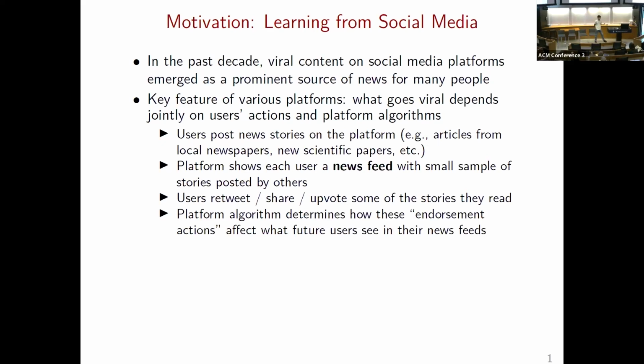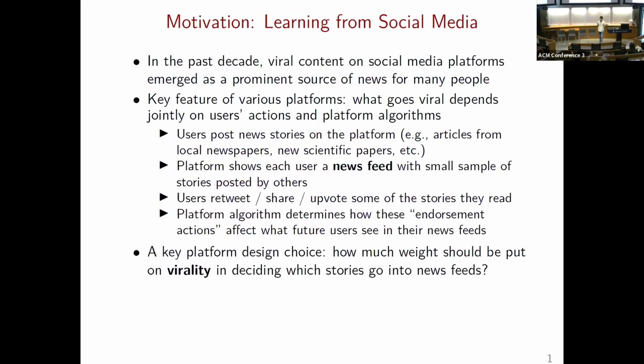Of course, these algorithms are large and complicated, but what we see as a key platform design choice that we're going to look at in a more stylized way is how much do you show more popular content that's been endorsed a lot or is going viral versus other content that in our model is going to be random, but you can think of as being selected along other mostly orthogonal dimensions.